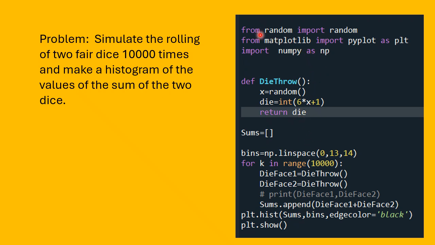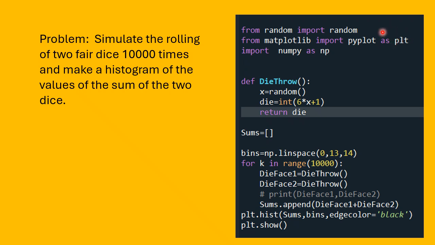First of all, we do some importing of stuff from libraries. From the library random, we import the function random that will allow us to generate pseudo-random numbers that are more or less uniform on the interval from 0 to 1. From matplotlib, import pyplot as plt.